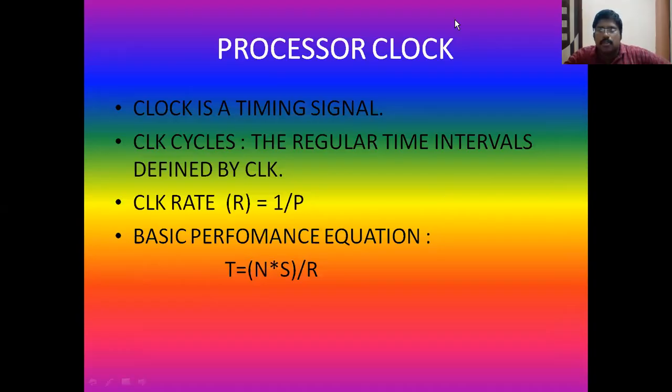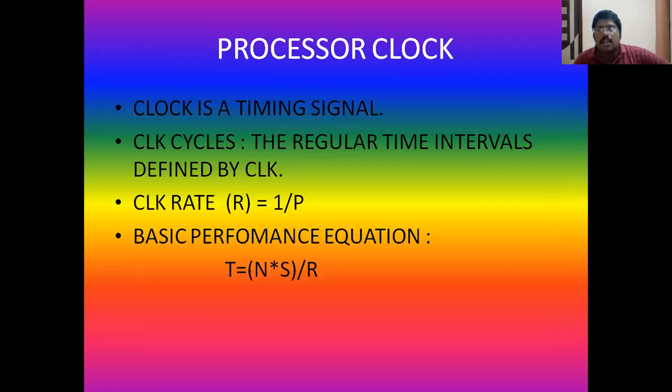What is the purpose of a processor clock? It determines the timing. It is a timing signal. For a processor clock we give a particular frequency, 1 megahertz, 10 megahertz, like that. As we are familiar, frequency is inversely proportional to time period. Depending on the frequency, it will calculate the time period, and in that time period it will perform the operations.